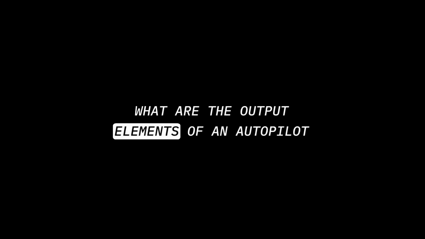What are the output elements of an autopilot system? The output elements of an autopilot system are the servos, which actuate the control surface. What are 3 types of servos used in autopilot systems?